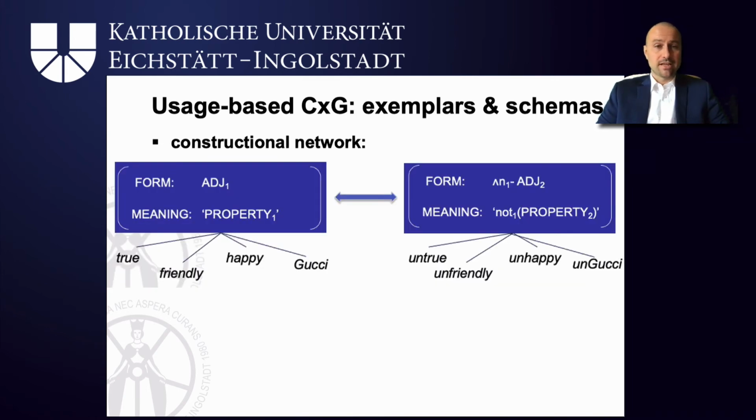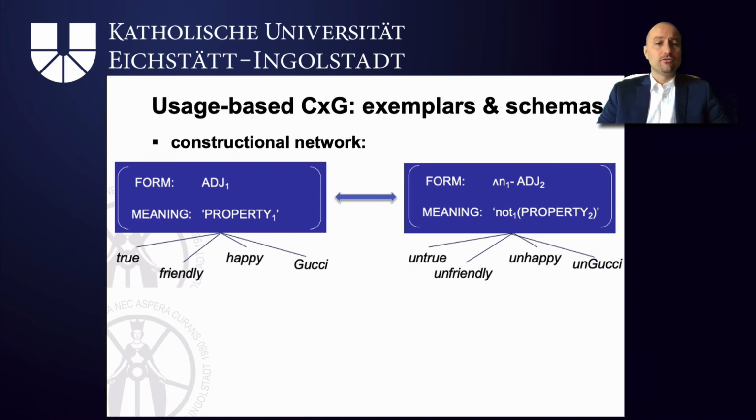Now, another crucial tenet of usage-based construction grammar we've already seen in the last sessions on the constructional network. So we know that these exemplars, true, friendly, happy, and Gucci, untrue, unfriendly, unhappy, and ungucci, will all be entrenched differently depending on their input frequency, their token frequency. But on top of that, because we get different types, untrue, unfriendly, unhappy, we get to a schema, the un-adjective construction, which means not the property.